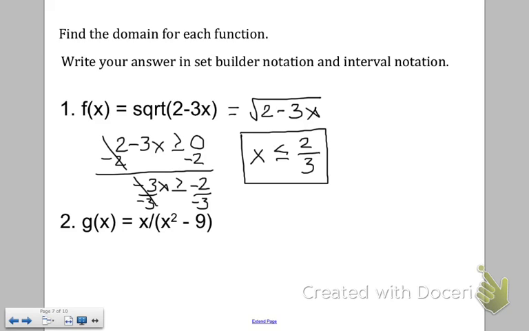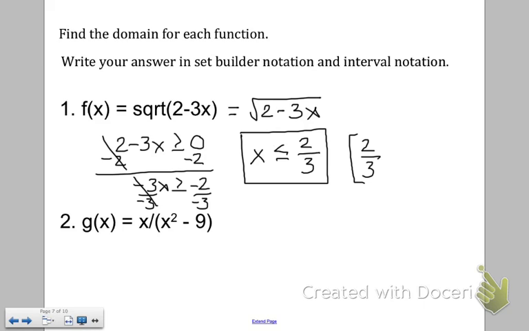Now, if I read my directions up here, it asks me to write my answer in set builder notation and interval notation. So we need to take this a step further. If my x is less than or equal to positive 2/3, that means I'm going to start at 2/3. That point is going to be included because it's less than or equal to 2/3. And you know what?